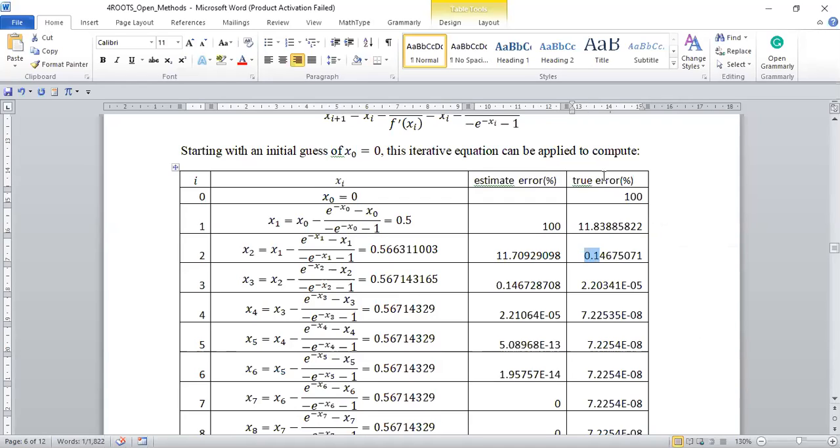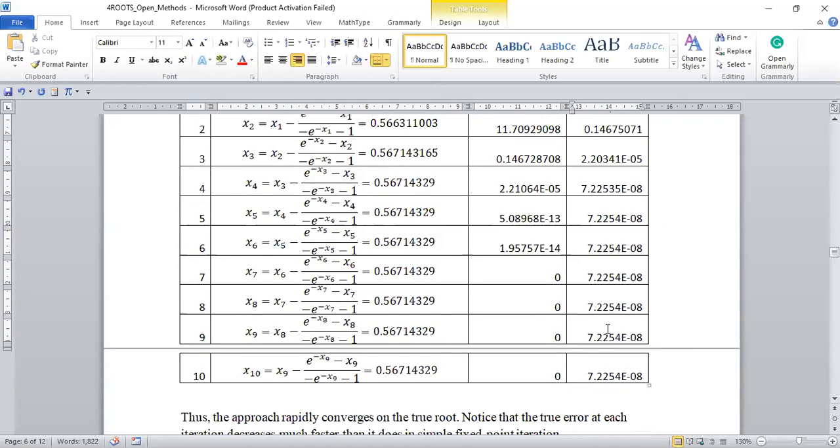It's the most common method that is normally used worldwide to approximate the root of an equation. And the reason is that it's very, very fast. Like I said, at the second iteration, when we tracked the true error, we got a very, very small error.